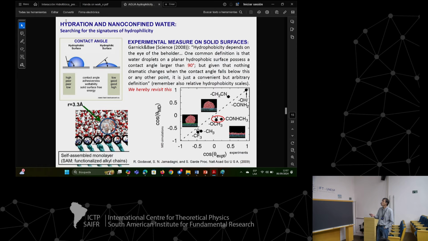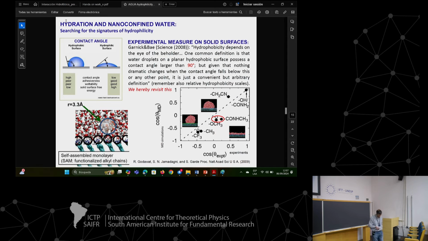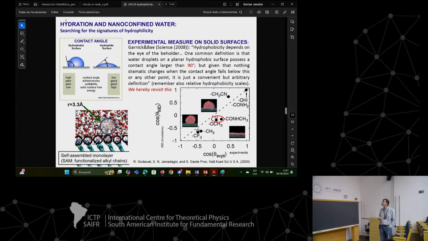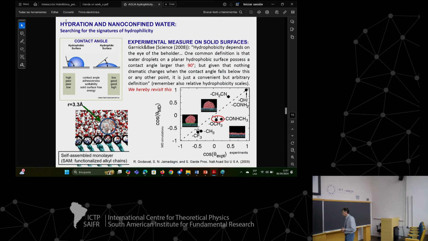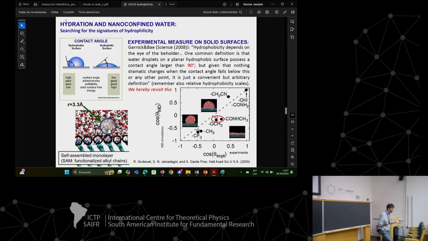This is a quote from a commentary in Science from Granick and Bai, who said, okay, everybody seems to know what hydrophobicity is, but everybody thinks of different definitions. And when you go to a measurement that tells you how to quantify this effect, we find nothing.